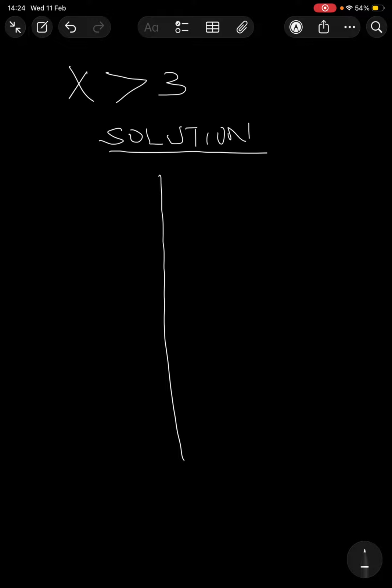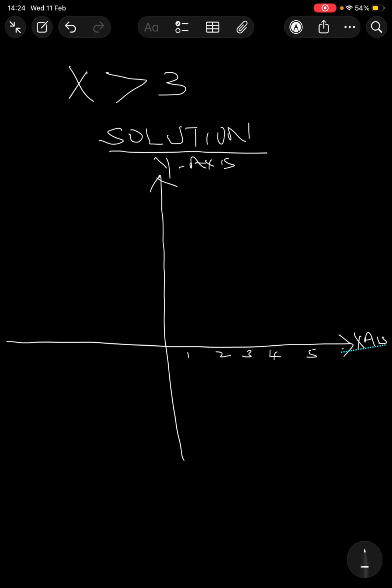This is the y-axis and this is the x-axis. On the x-axis, I'm going to use 1, 2, 3, 4, 5, 6. Then on y, I'm going to use 1, 2, 3, 4, 5, and here -1, -2, -3, -4.